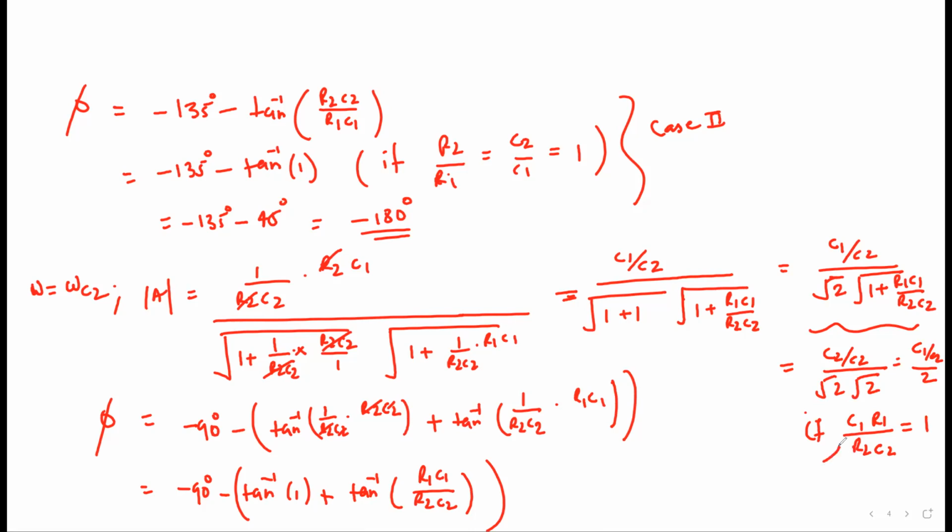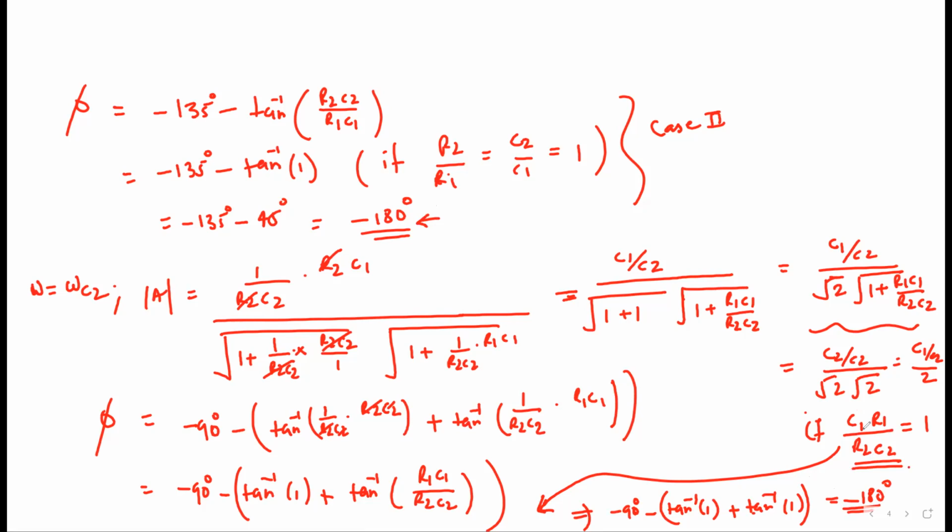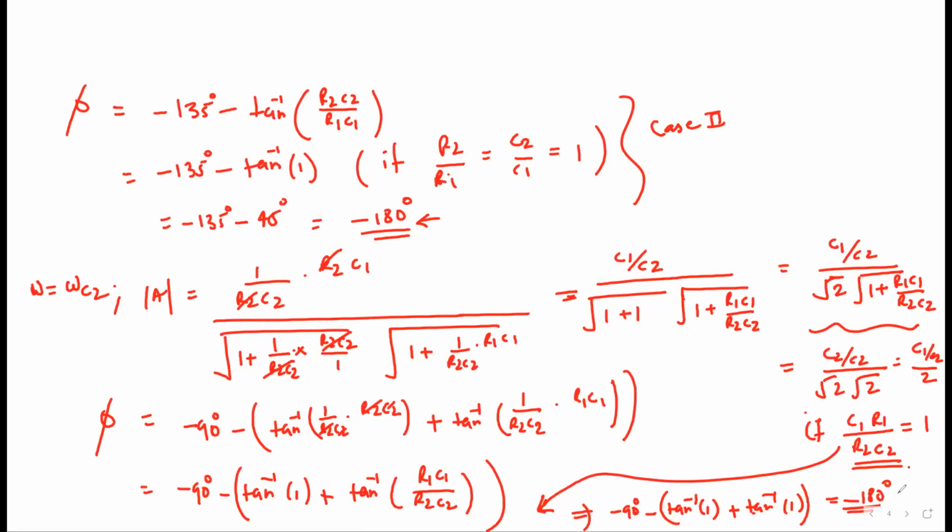And if this is also equal to 1, then for the phase, the final phase would be minus 90 minus tan inverse of 1 plus tan inverse of 1. So finally, it takes the value of 45 plus 45, so it is again minus 180 degrees, same as before. So if we make this factor equal to 1, that was case 3 right here.